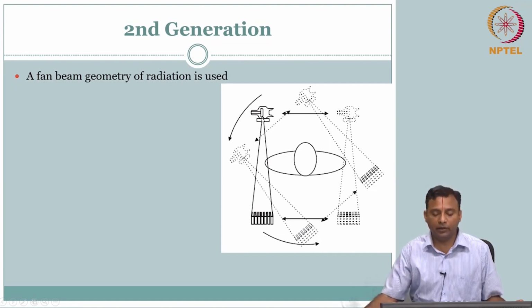It is not complete, but it is wider than the narrow pencil beam. So this is already diverging, but you had more detectors, so in one go you could get multiple lines. You already pick a few different angles from one location. So now maybe I could take bigger rotation steps.